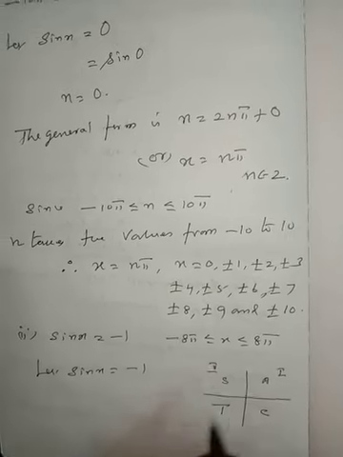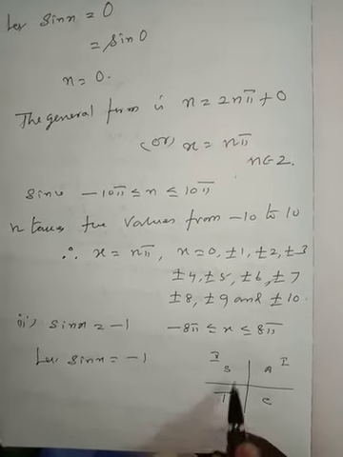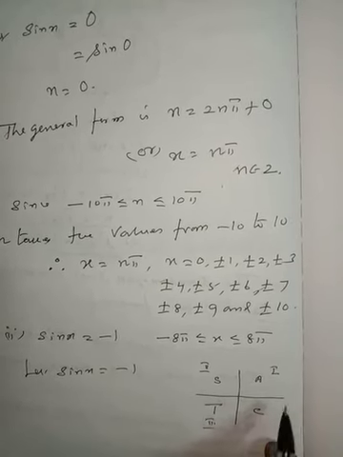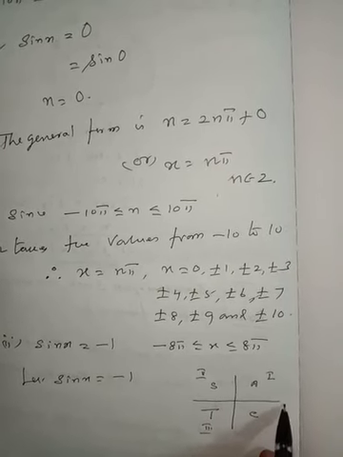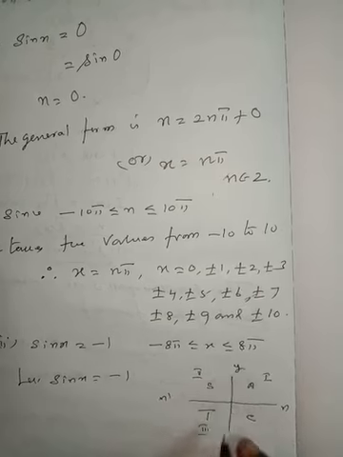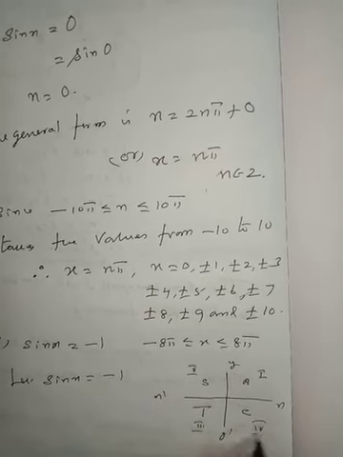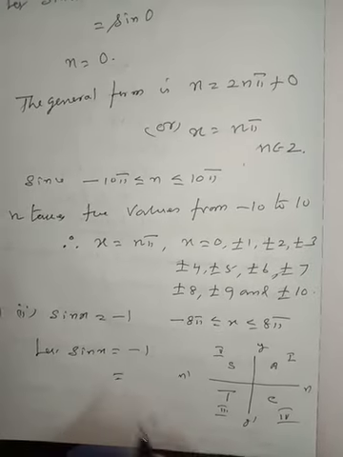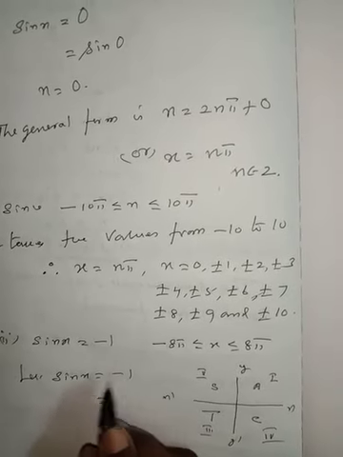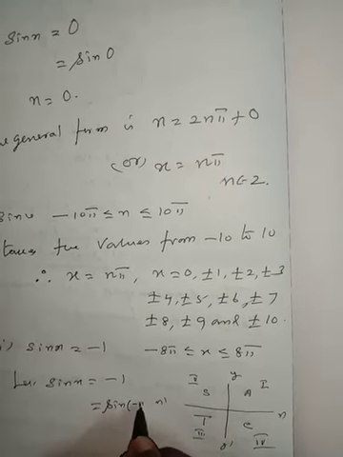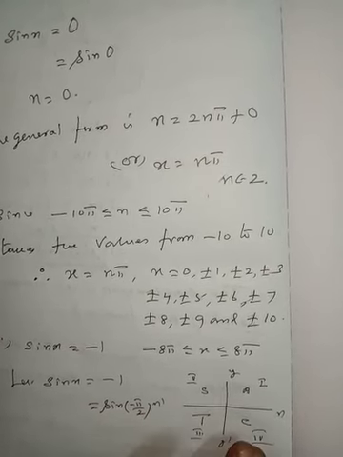So the given sin x is minus 1. The column is reversed, therefore x is equal to minus pi by 2. Therefore minus 1 is equal to sin of minus pi by 2.